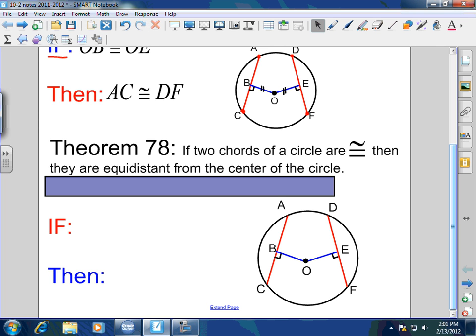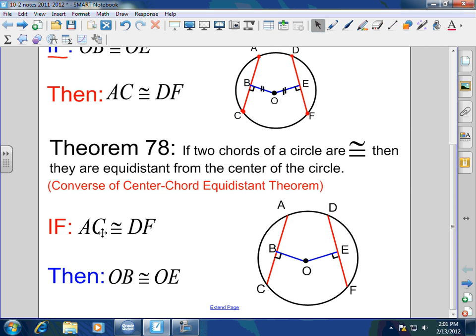If two chords of a circle are congruent, then they are equidistant from the center of the circle. So in this case, if AC is congruent to DF, if the chords are congruent, then the distances from those two chords to the center are congruent. And here we can shortcut this and call it the converse of the center chord equidistant theorem.